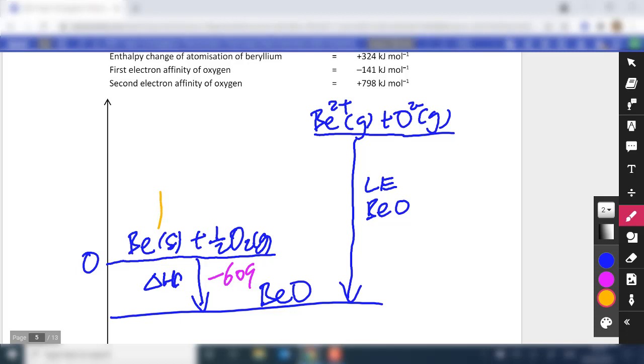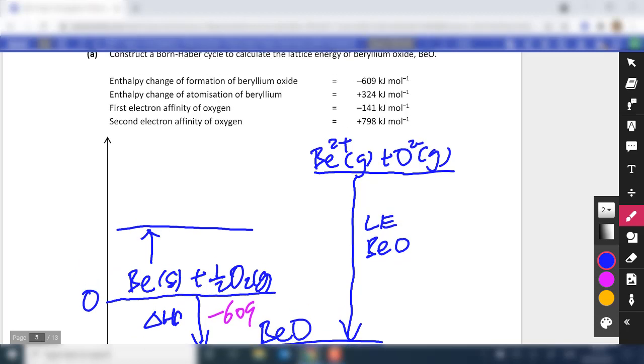So first we incorporate the atomization enthalpy in. We'll be doing the enthalpy change of atomization for solid beryllium. It's given to us as 324. So we're going to get beryllium gaseous, and from the data booklet, we can also find out the bond energy of the dioxygen molecule. That's 496. Because we only need one equivalent of gaseous oxygen over here, we divide that value by 2.